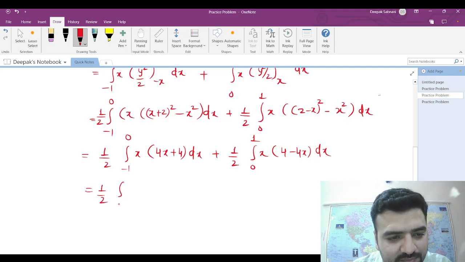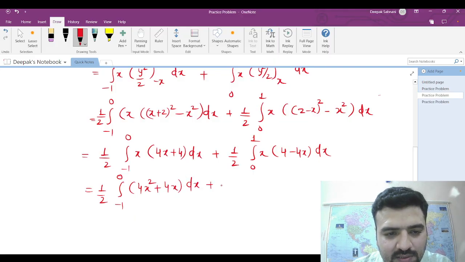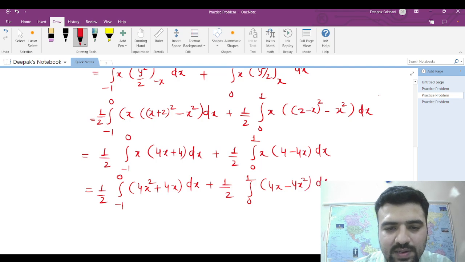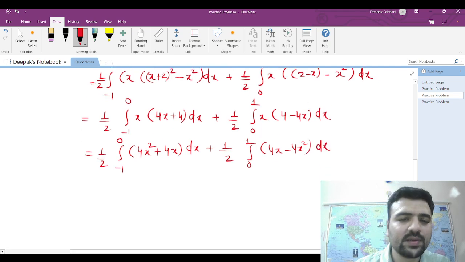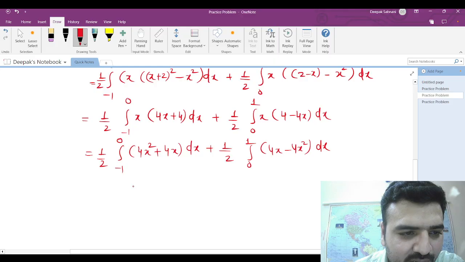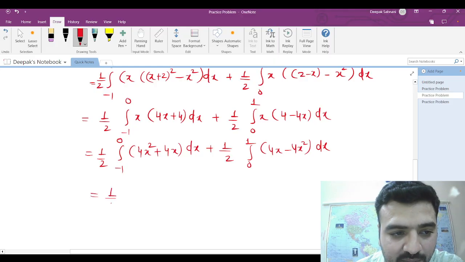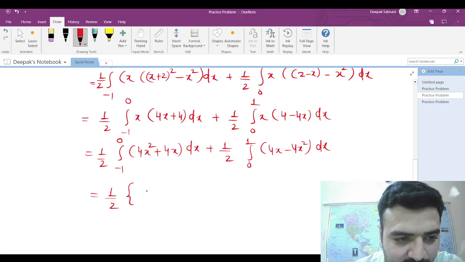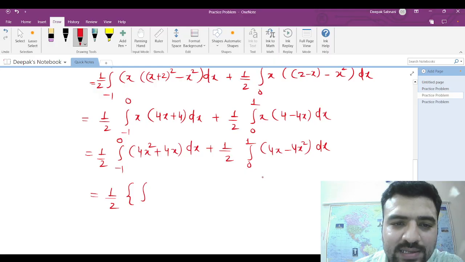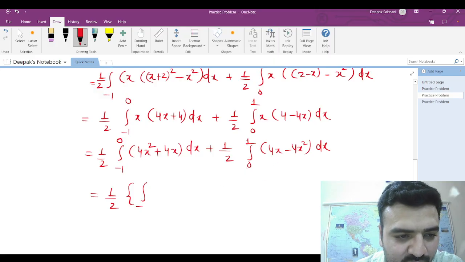So half, 1 to 0, this will become 4x square plus 4x, dx, plus half, this will become 4x minus 4x square, dx. Okay, so here you can see plus sign for both 4x, so those 4x terms I can combine. So 4x, minus 1 to 0 and 0 to 1 with plus sign, so it will become minus 1 to 1, 4x.